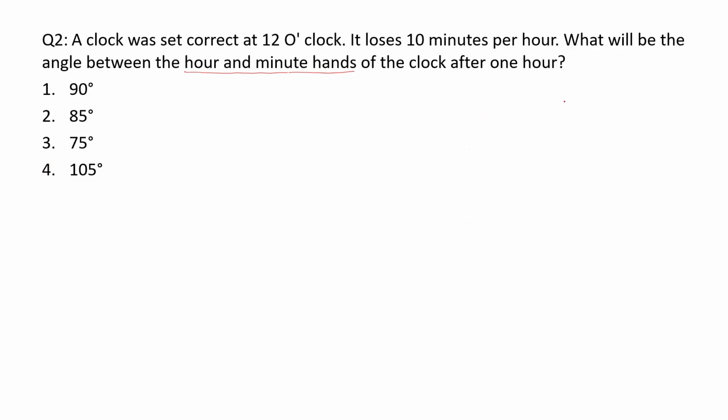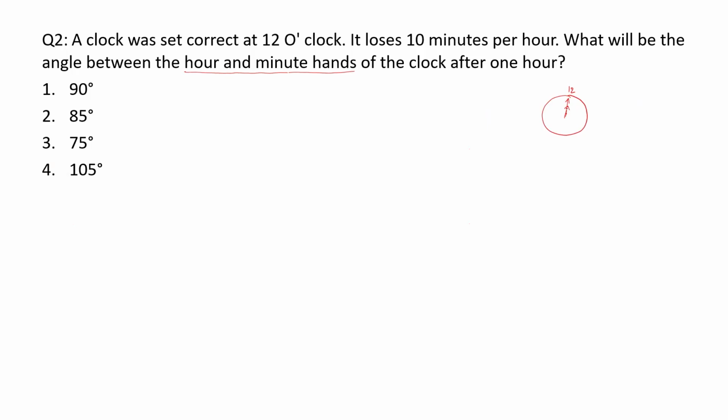So here is your clock. The clock looks like this, right? You have two hands. One is the longer one, which is the minute hand, and one is the smaller one, right? So exactly at 12 o'clock, both hands coincide at this position, isn't it?